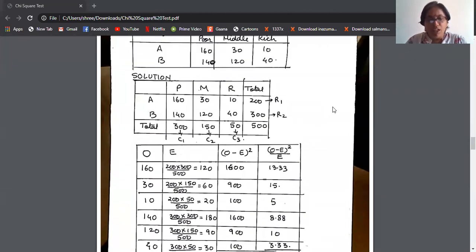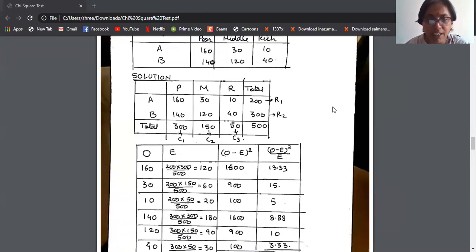For every, I have written down the observed values 160, 30, 10, 140, 120, and 40. Now, for those who were not there or have joined late, I'll explain this again. O is called the observed frequency, E is called the expected frequency.